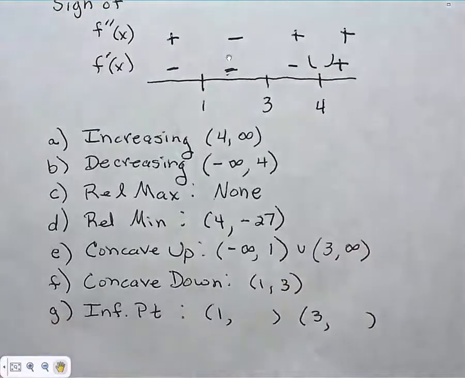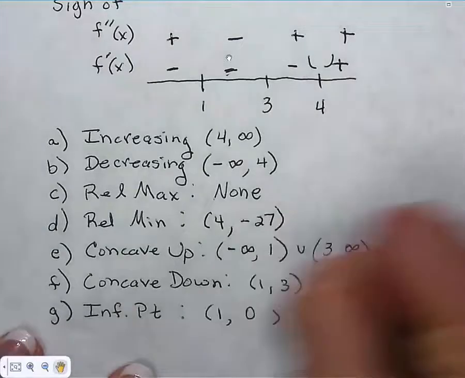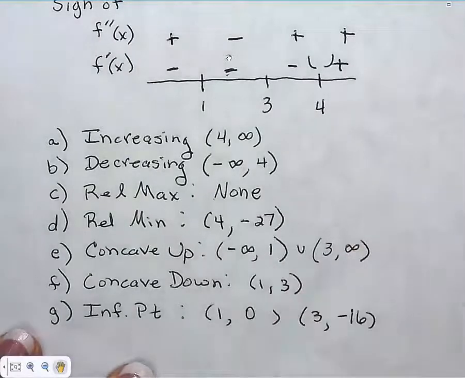I would have to get the y values for them, but I have done that already. And what did I get? 1, 0, and 3, negative 16. Yes, it turns out we found one of the x-intercepts. It's an inflection point.